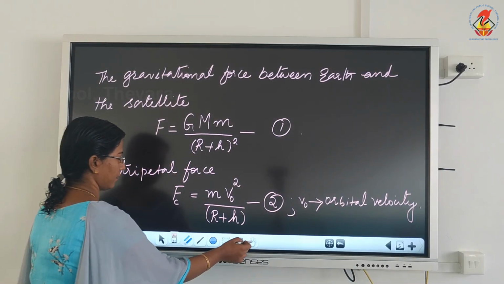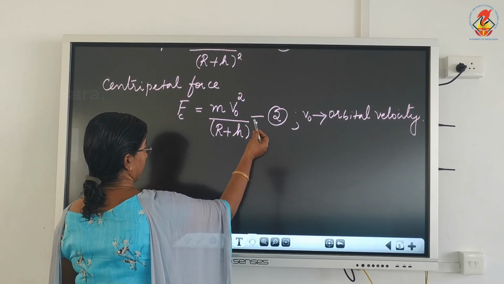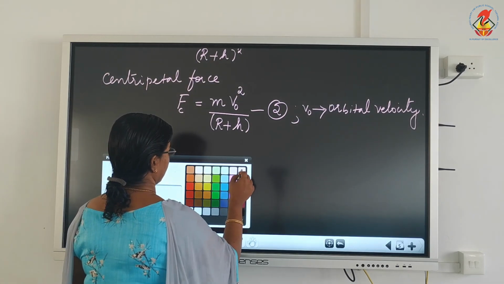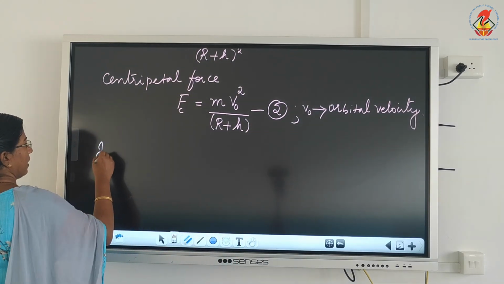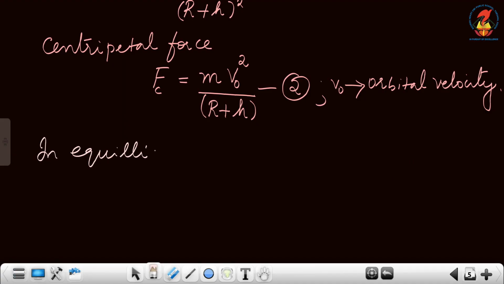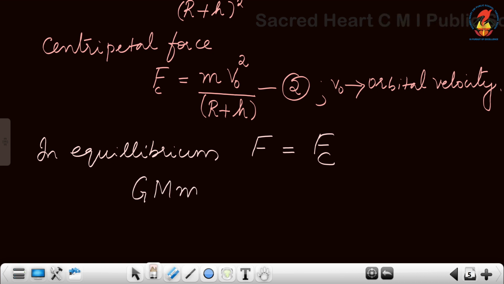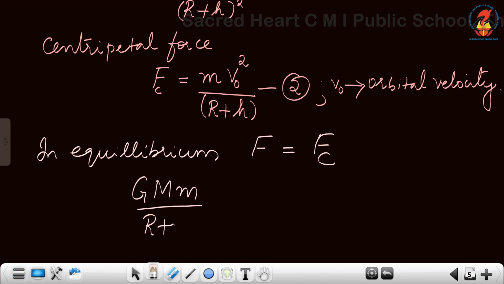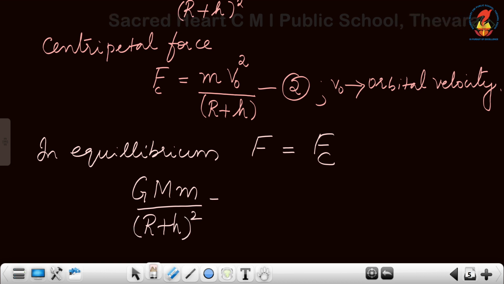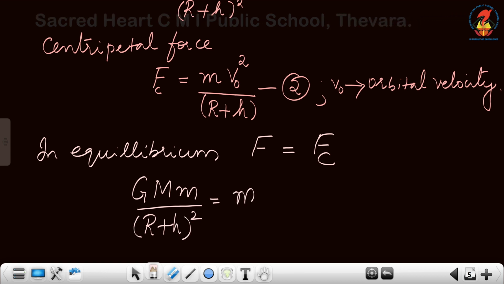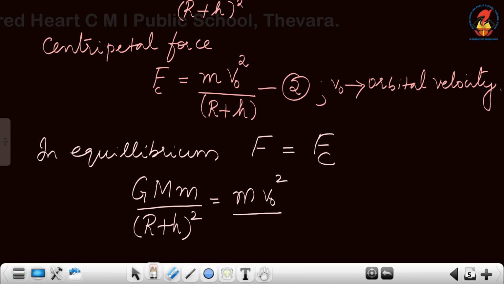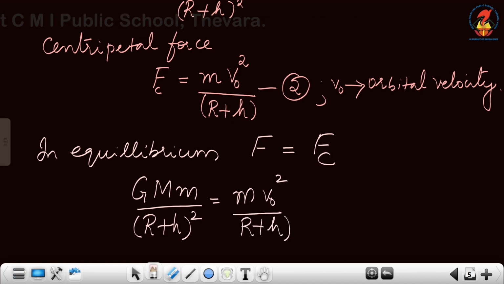Now, in equilibrium, gravitational force will be equal to centripetal force, Fc. So we can write G M m divided by r plus h, the whole square, is equal to m v0 square divided by r plus h.